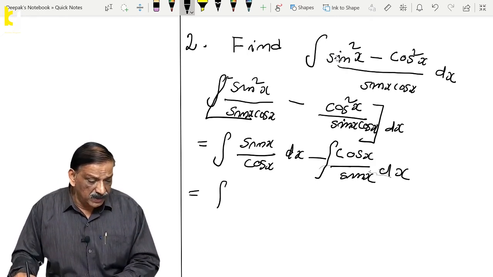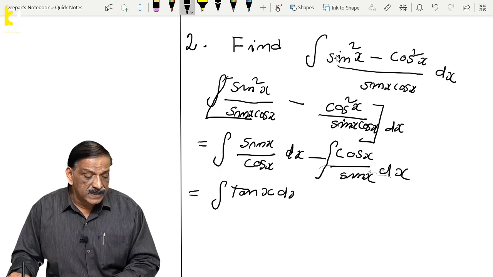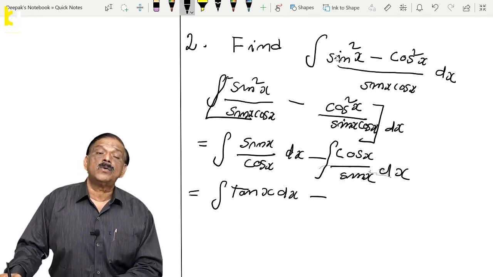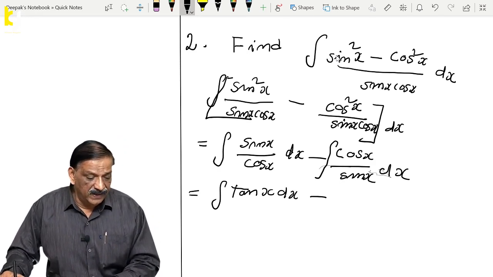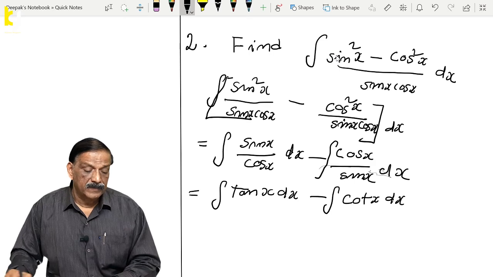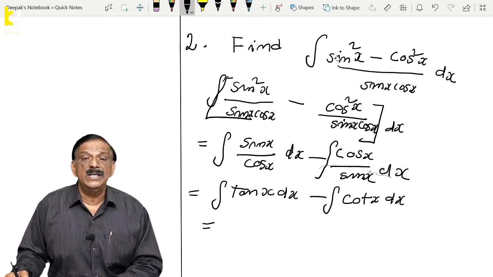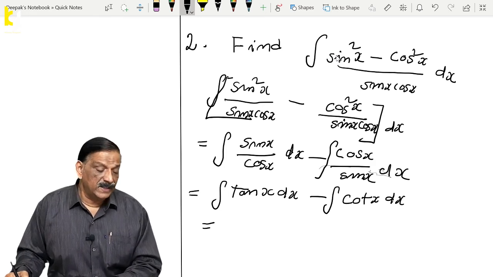So this is equal to integral tan x dx minus integral cos x by sin x dx, that is integral cot x dx. What is integral tan x dx?